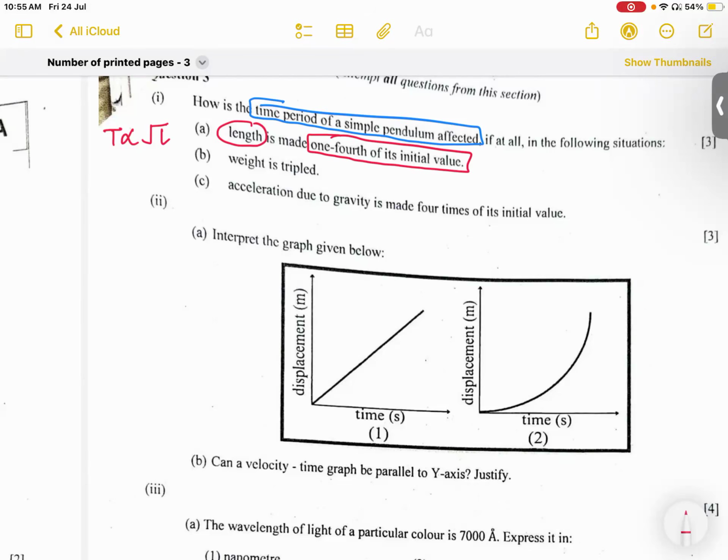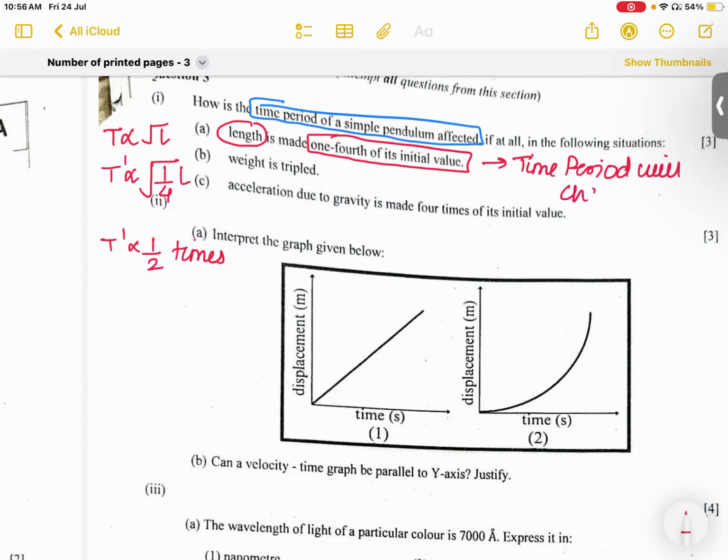So if I try to see this thing, it will become T dash is proportional to root of 1 upon 4L. 1 upon 4 का square root क्या होता है? It is 1 upon 2. So can I say, guys, T dash will get affected 1 upon 2 times, right? So we will say here the time period will change by 1 upon 2 times.